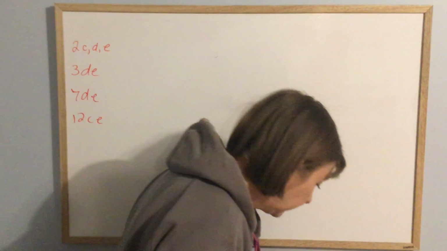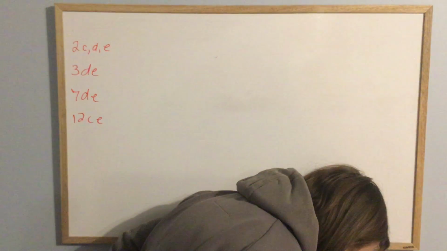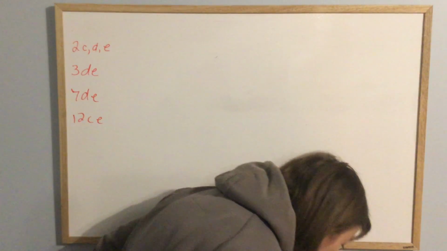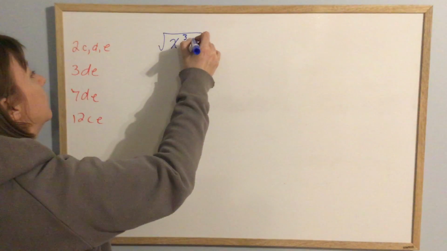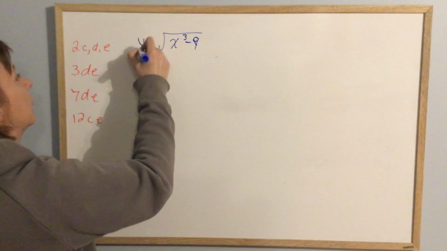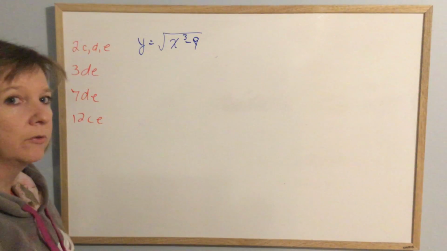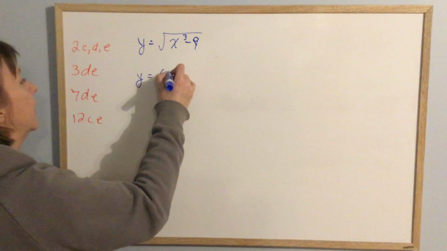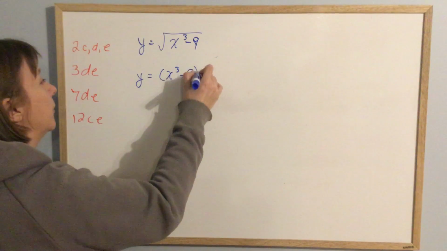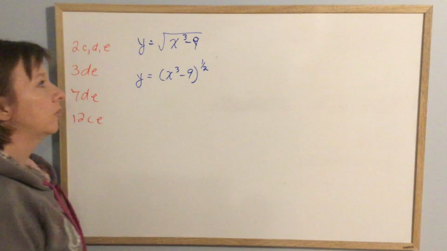So 2C. The square root of x cubed minus 9. So let's just say that says y equals, and they want you to find the derivative. So again, I don't like it as a root, so I'm going to do it as to the 1/2.